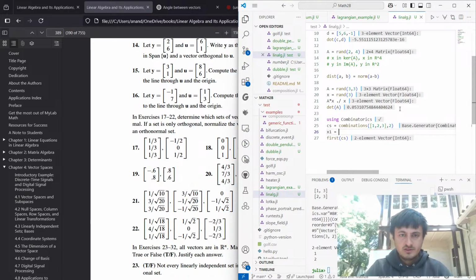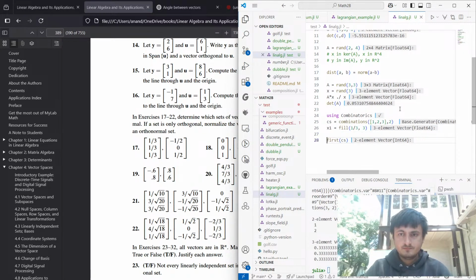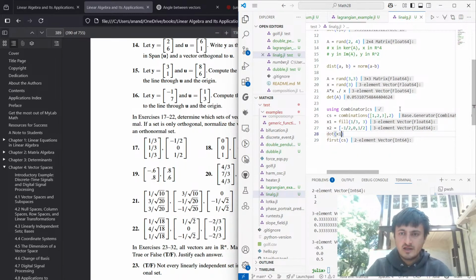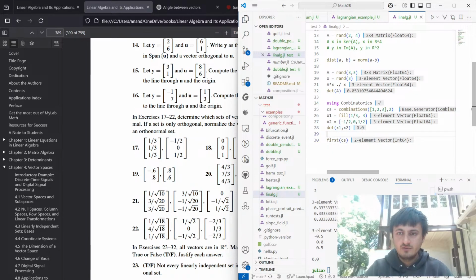So x1 equals 1/3, 3. X2 is equal to minus 1/2, 0, 1/2. I just want to write the code for this. I mean, obviously we can just do dot x1 x2 and then do norm of x1 minus x2.